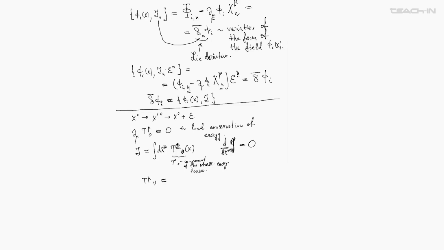For a single scalar field, T mu nu is given by the derivative of the Lagrangian with respect to d mu phi, multiplied with d nu phi, minus delta mu nu multiplied by the Lagrangian density.